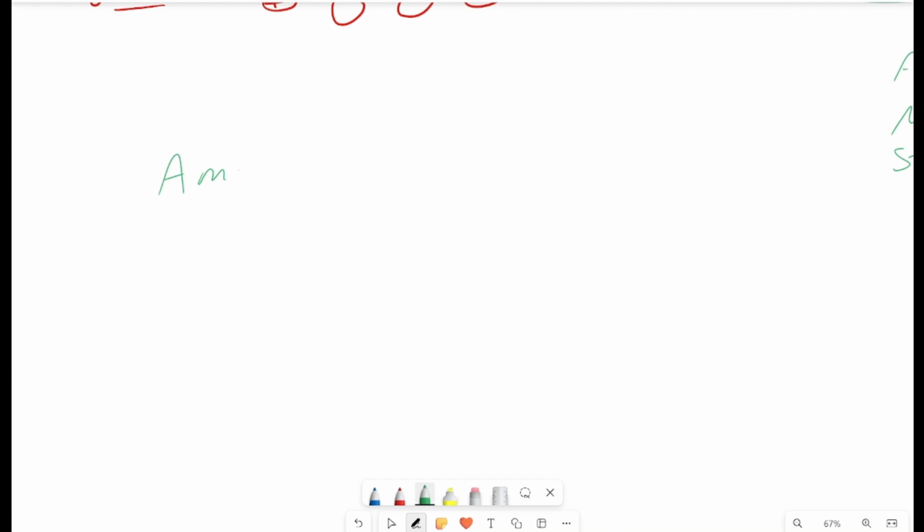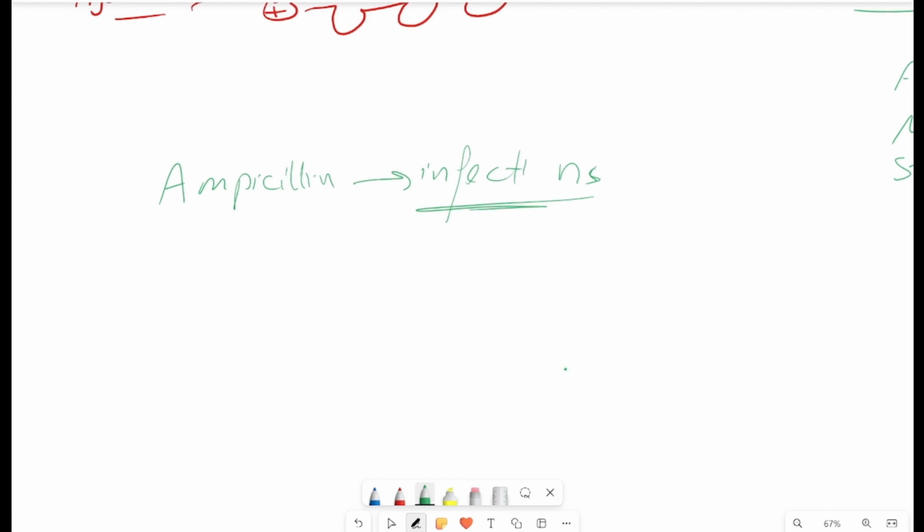For example, we have ampicillin for treatment of infections, and let me say the patient does not respond to the medications. It's not easy to type with the touch screen pen. Okay, but the patient does not respond.